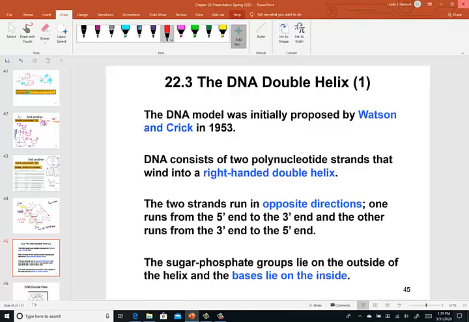The two strands do run in opposite directions. So one will run from the 5' end to the 3' end. The other will go in the opposite direction, 3' to 5'. If you think about the rungs of a ladder, this would be the 5', 3'. Its complementary strand runs the opposite direction.